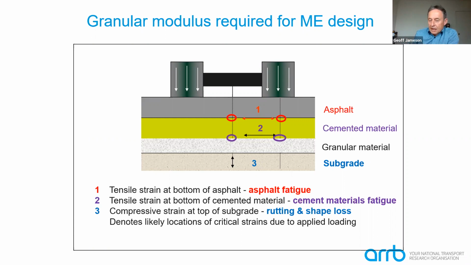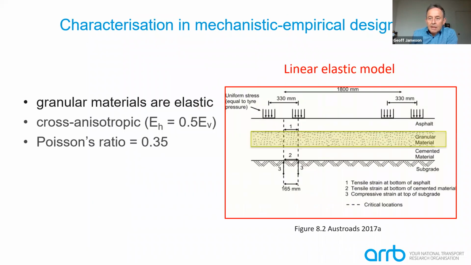So we need a granular modulus to calculate those critical strains in our mechanistic process. And in our mechanistic design, we use a linear elastic modulus value. We're considering the granular materials elastic and cross-anisotropic, as we discussed for subgrade materials, and we have presumptive Poisson's ratio values to use.